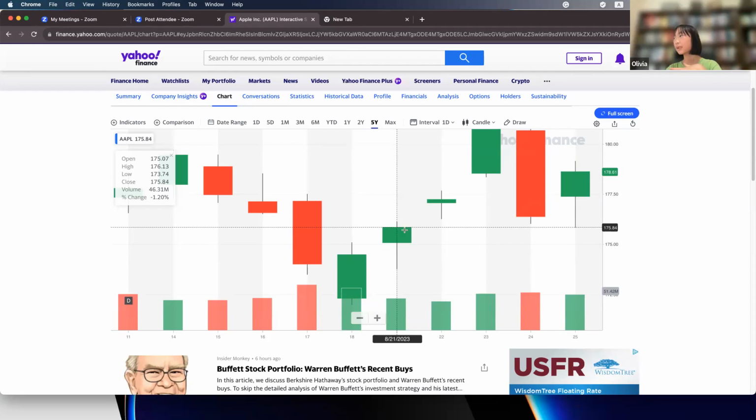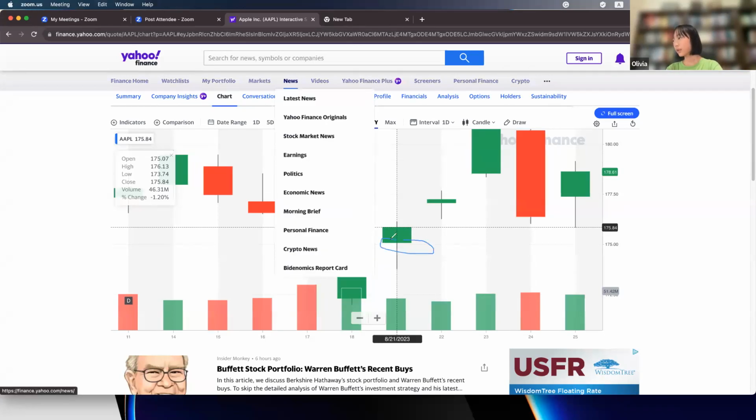This is the closing price, and the one here is the opening price. This is the highest point for that time period, and this is the lowest price for that time period.